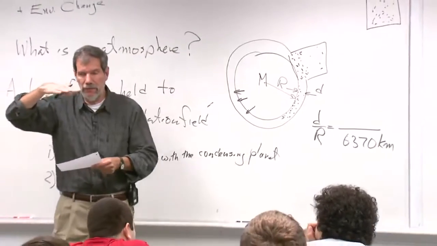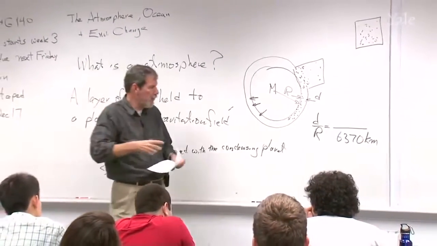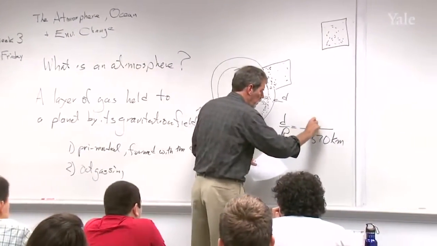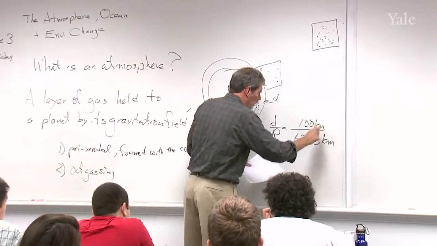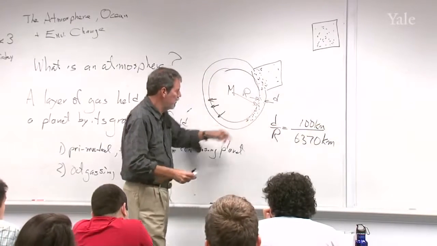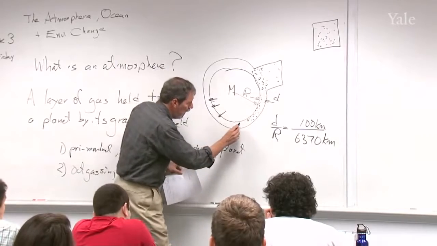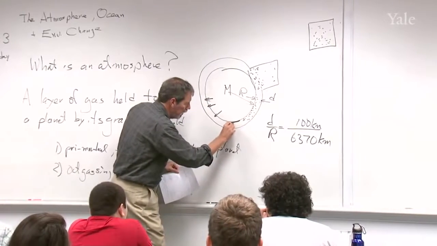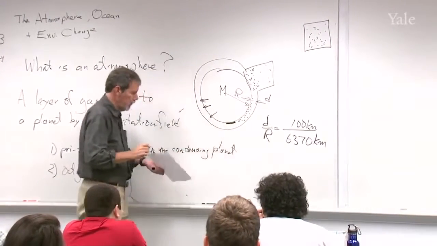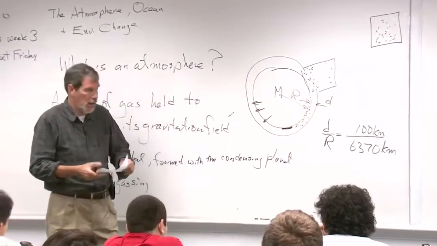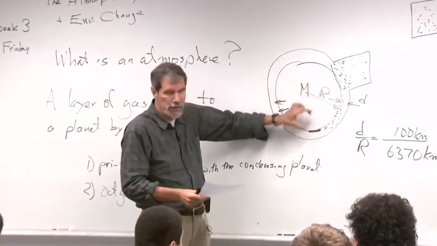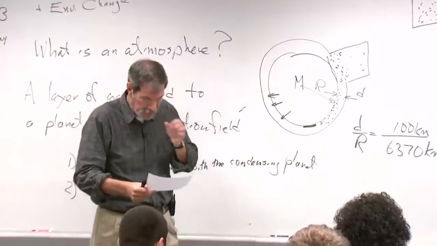There isn't suddenly a level where the atmosphere stops, but I'll make a rough estimate and say 100 kilometers. So that's a lot smaller ratio than I've drawn there. In fact, probably more like the thickness of my pen line would be a more accurate representation of how thick the atmosphere is relative to the planet itself.